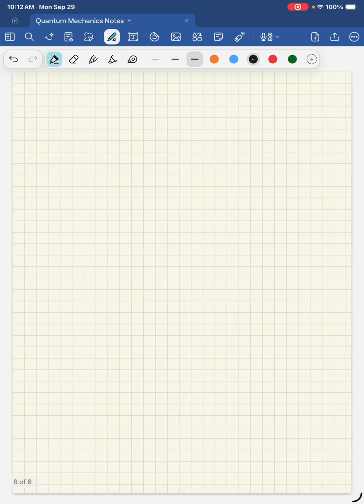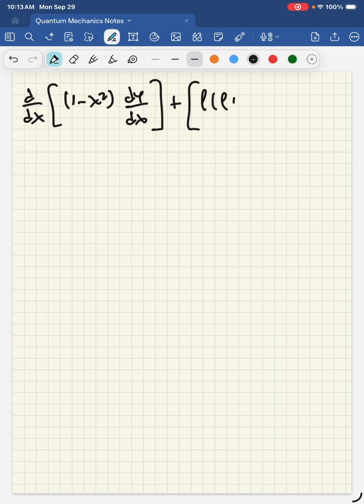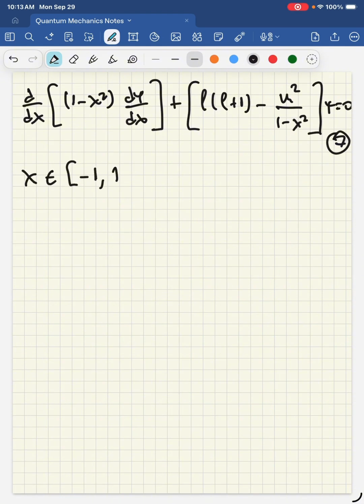Okay, so this differential equation is written as d over dx of 1 minus x squared d psi over dx plus L times L plus 1 minus m squared over 1 minus x squared psi equals 0. Okay, this is equation 7. And in equation 7, x goes from minus 1 to 1, okay?